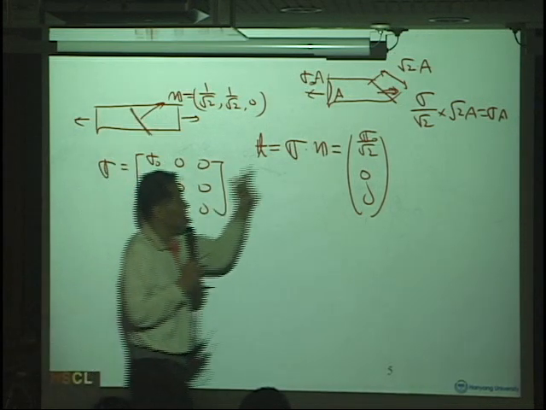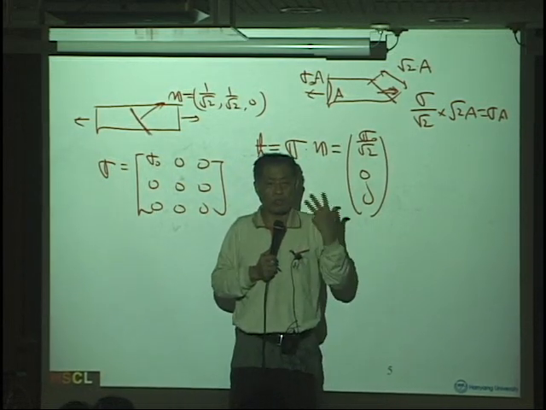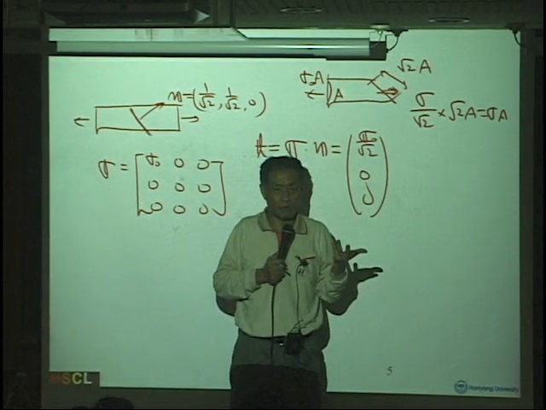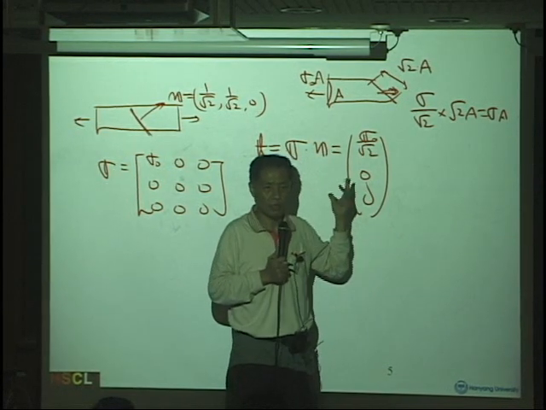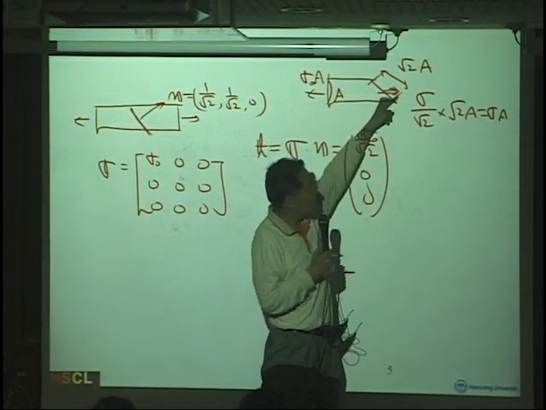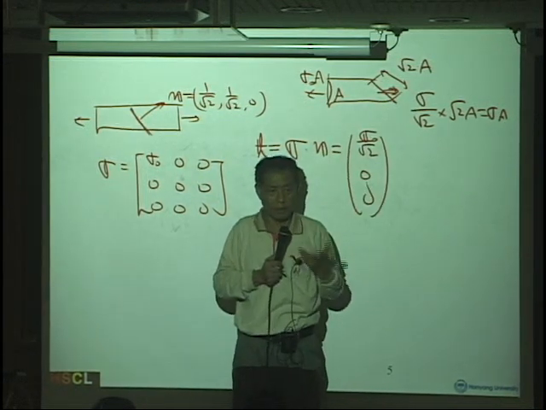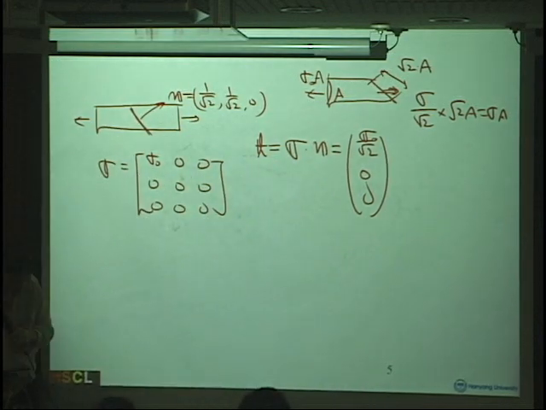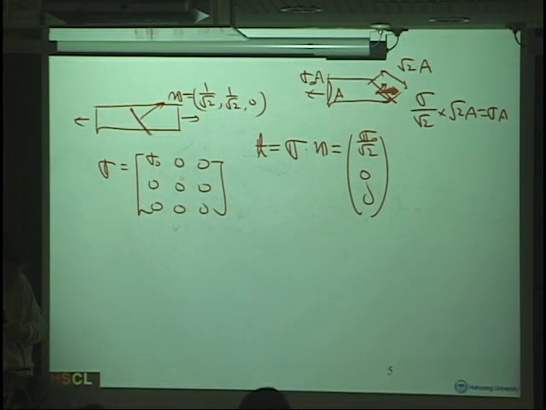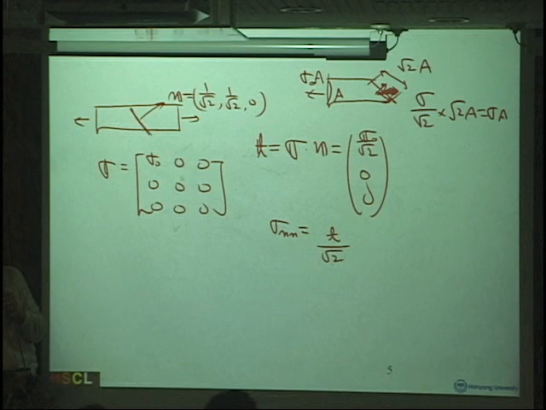Now we have the traction and its magnitude. Stress transformation means we don't end here. We need to go one step further. This traction needs to be decomposed into normal and parallel components. So sigma nn will be this traction magnitude divided by root 2.